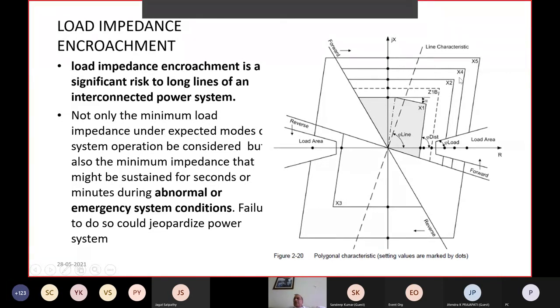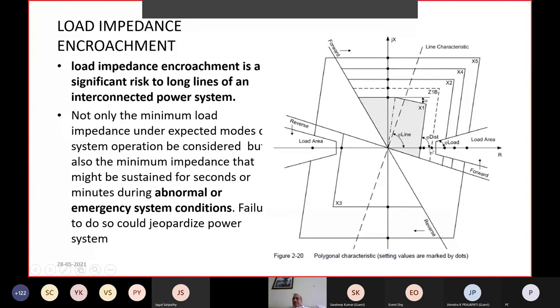They are zone 1, zone 2, zone 3 settings, and in that setting you have a load encroachment characteristic. This load encroachment characteristic actually permits heavy drawal of the load by the line because of such instability without causing tripping. So in this zone actually no tripping will occur.